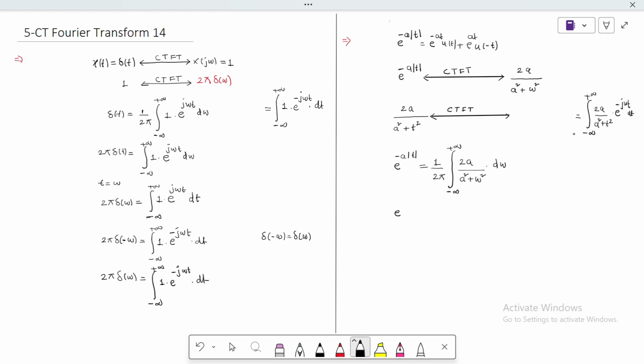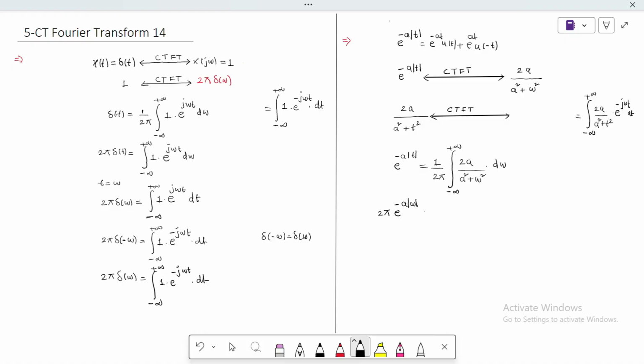Here in the integration there is no multiplication, so you shouldn't have the 2 pi. Send it to the left side, so 2 pi into e power minus a, and change the variable from omega to t.